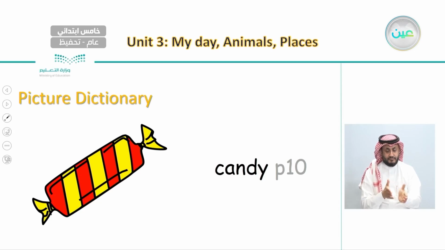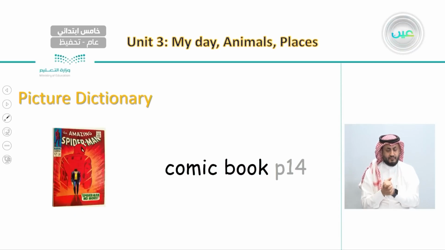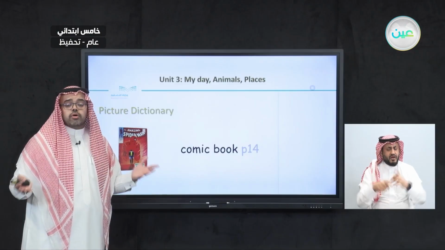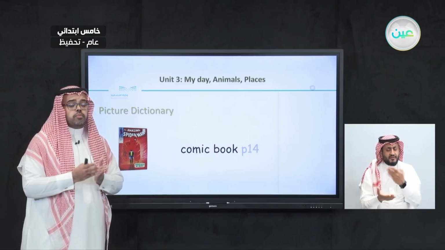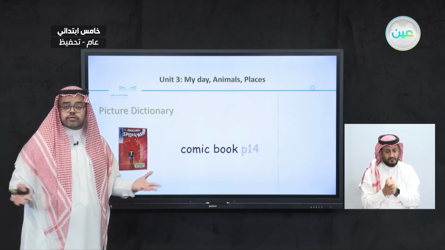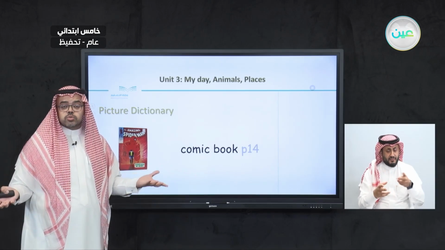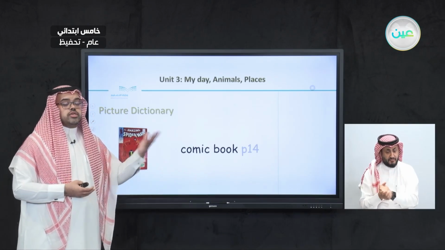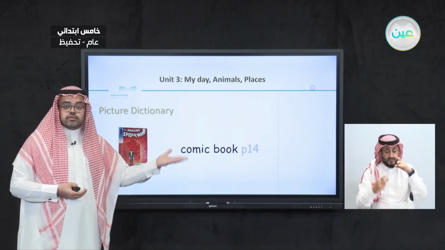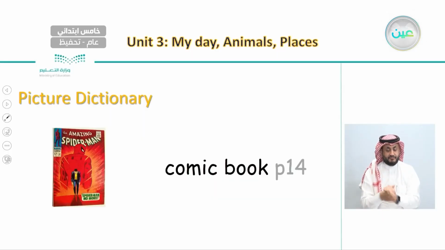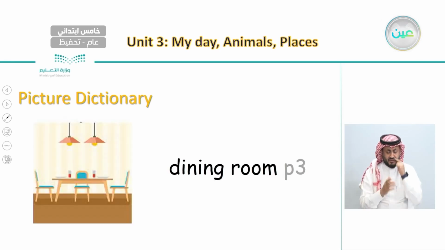And after this, we have a comic book. You remember what we mean by a comic book, which is a book about superheroes, about different individuals that we usually see in movies and TV shows. Comic book can be seen on page 14.